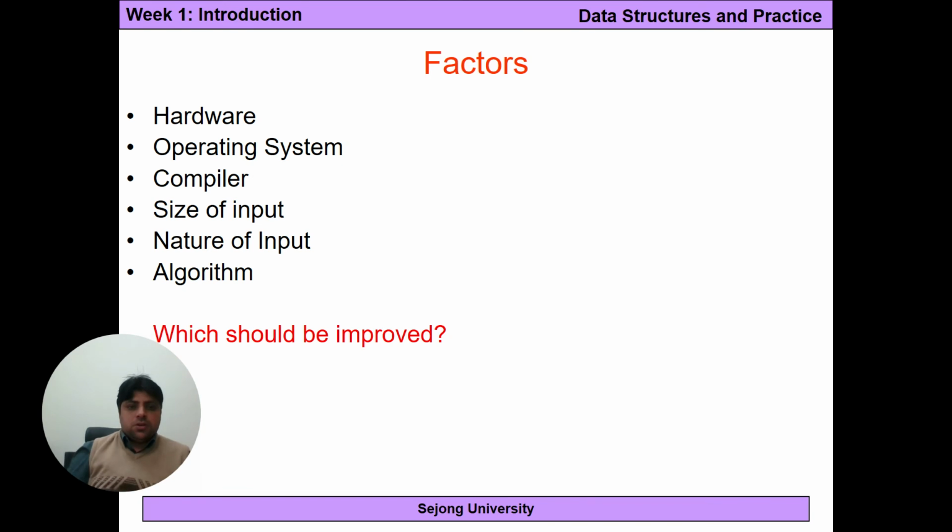Next, we were already discussing these things in the previous slides. The factors that are affecting are hardware, that is your computer system, operating system, compiler, size of input, nature of input, and algorithm. Which thing should be improved to get better efficiency?